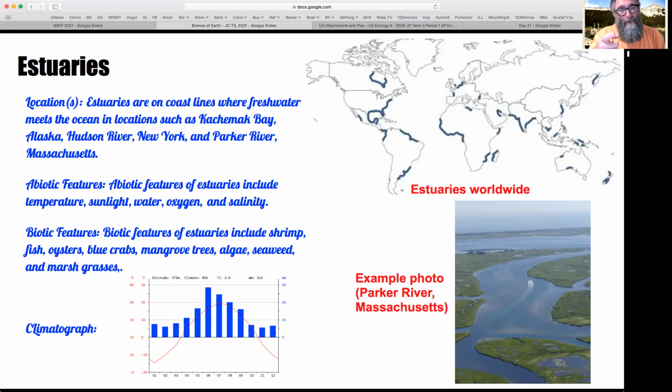And you might be able to imagine, if you've got freshwater and saltwater stuff, then you're probably going to get the birds that like freshwater plus the birds that like saltwater overlapping. So now you've got the animals which hunt fresh birds plus the animals which hunt salty birds. And so there's just this confluence of life.